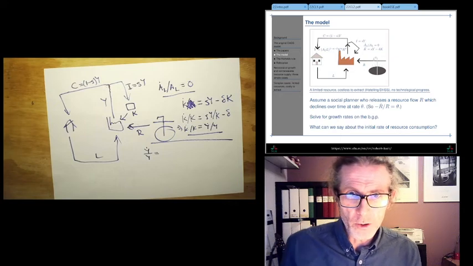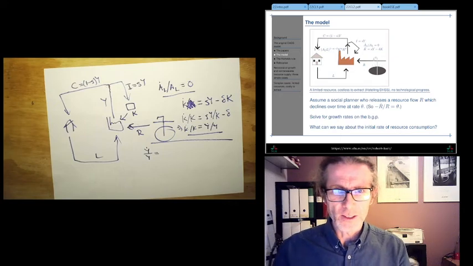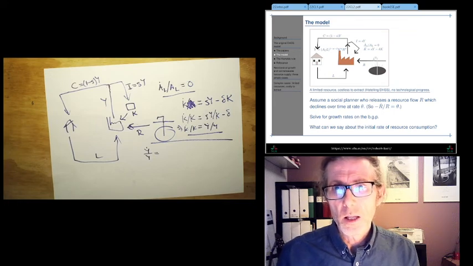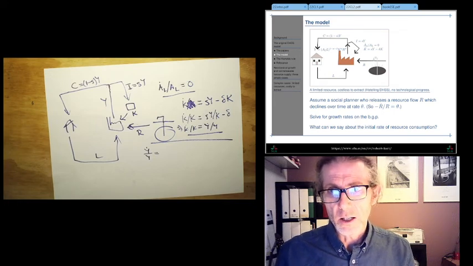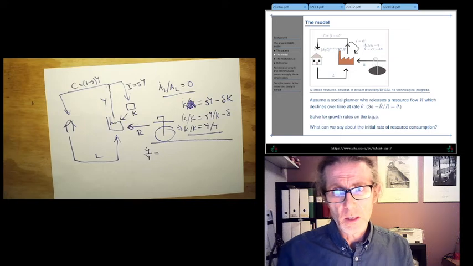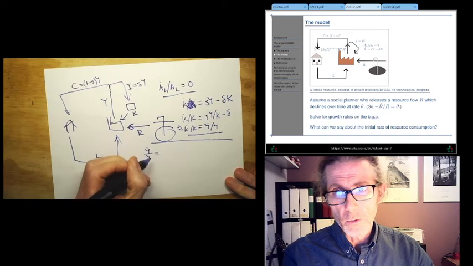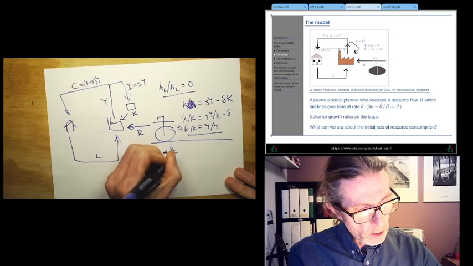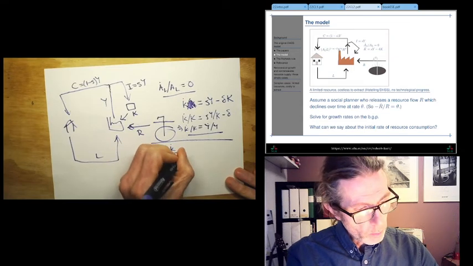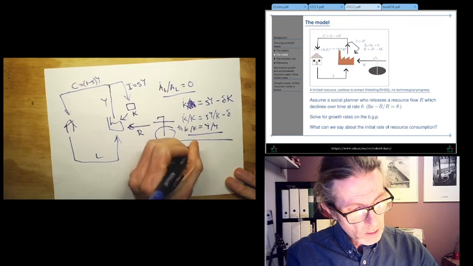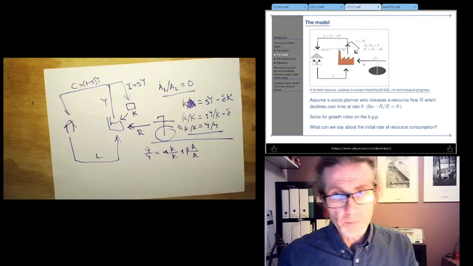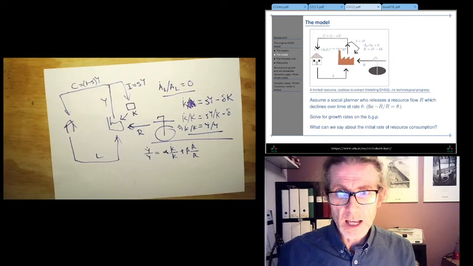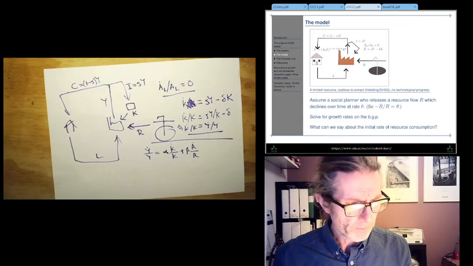This is a tip for exams: if I haven't told you something's changing, just make it constant. So we've got K and R changing, right? So Y dot over Y is alpha times K dot over K plus beta times R dot over R. That's from the Cobb-Douglas, given that AL and L are constant.